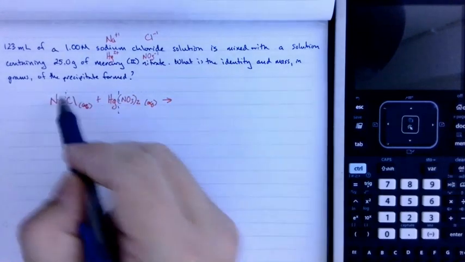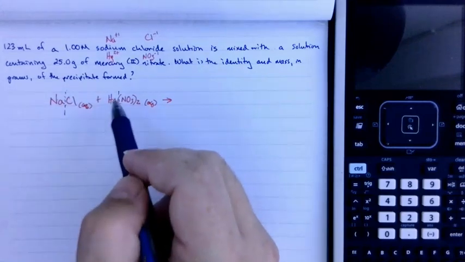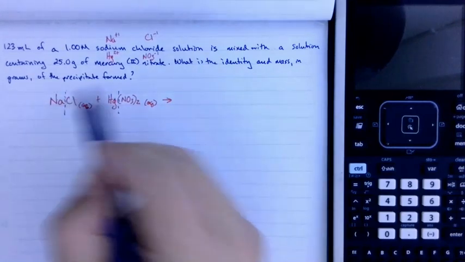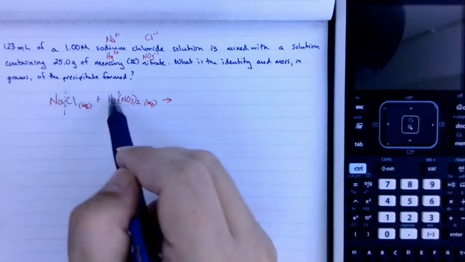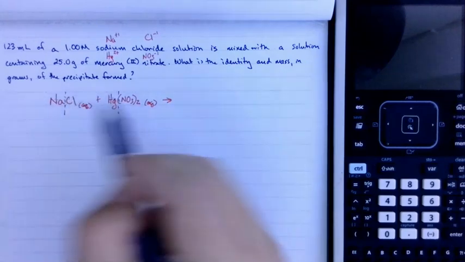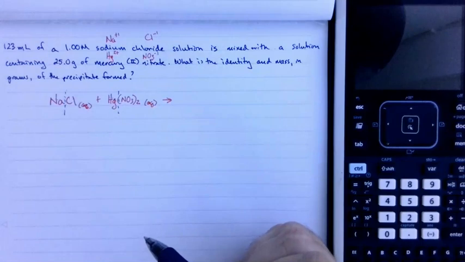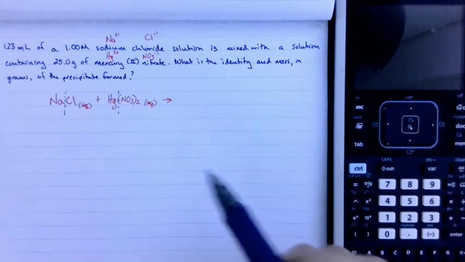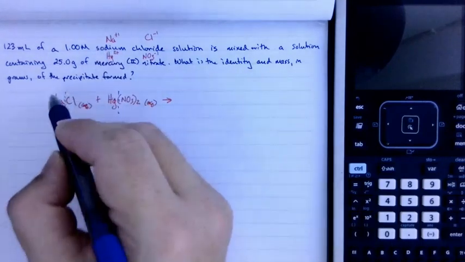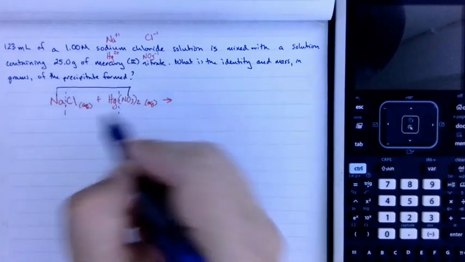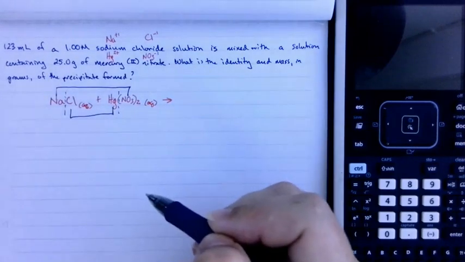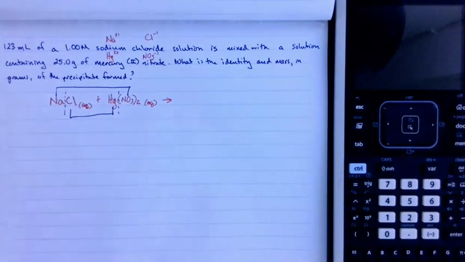The 2 cations will recombine with the opposite anion. Another way to think of that is we're going to recombine outside 2 and inside 2.